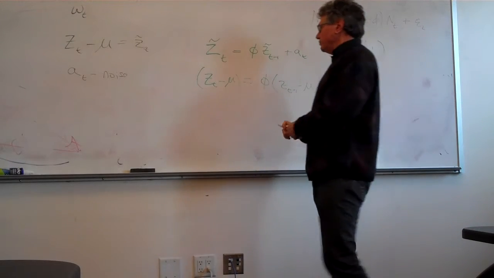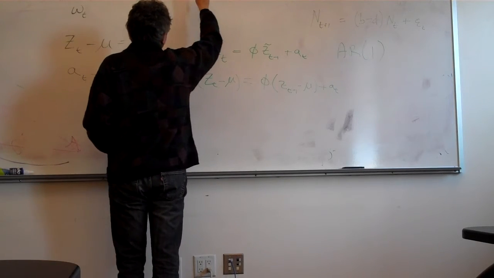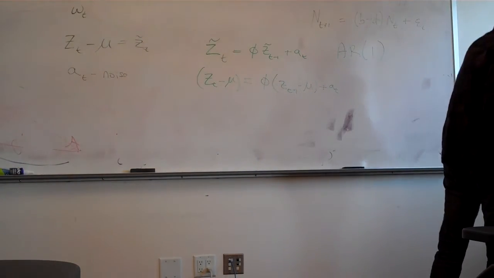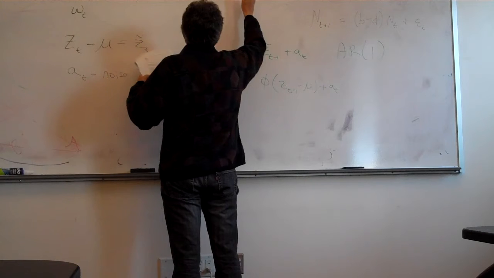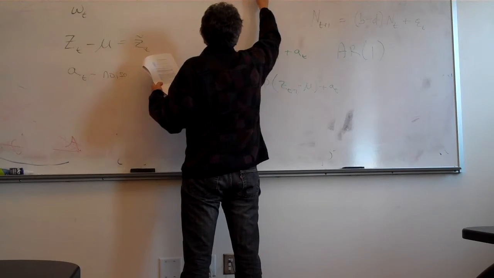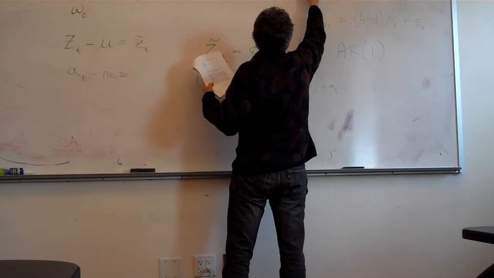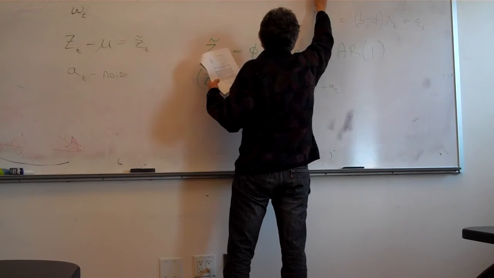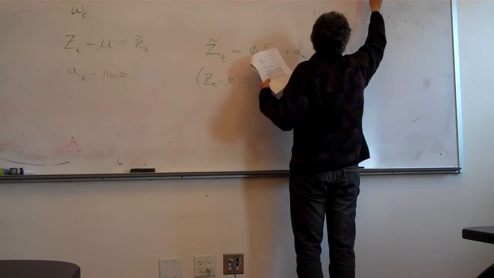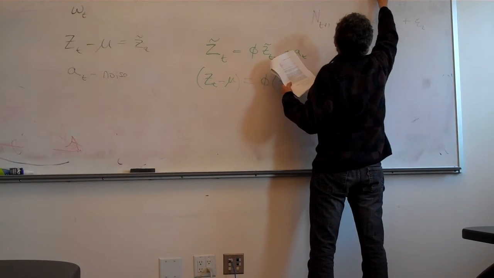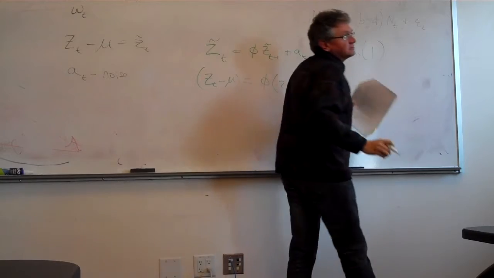So in general, an AR(p) model says that ZT tilde equals phi 1 times ZT minus 1 tilde, plus phi 2 times ZT minus 2 tilde, all the way out to p terms, plus the error.